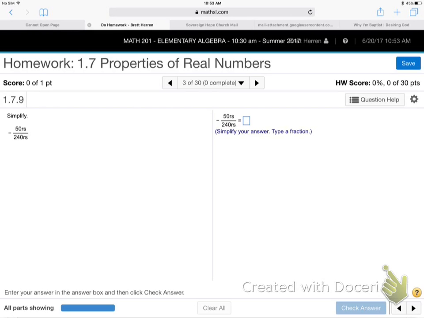Okay, so they've got negative 500 RS over 240 RS. So they want me to reduce. Can you reduce that thing? Like reducing a fraction? Yeah. Let's go ahead and do that. So the R's and the S's just cancel, huh?